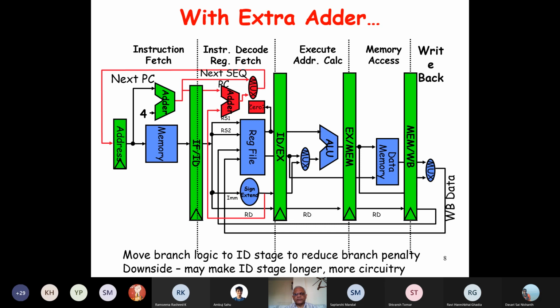So this is the extra hardware we need: a simplified ALU which can do the logical operations. If we have this extra hardware, the branch delay will be 1 cycle. I hope everybody is okay with it.